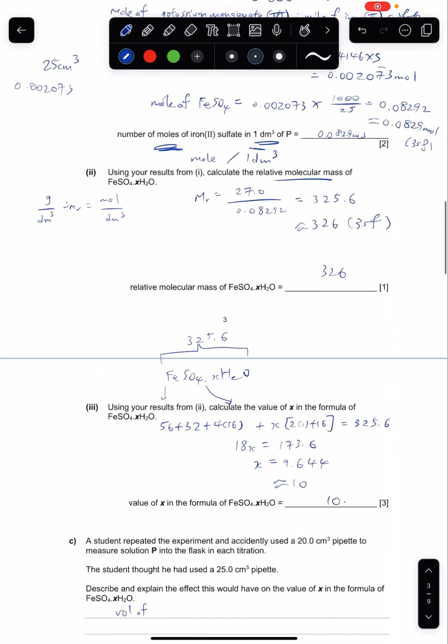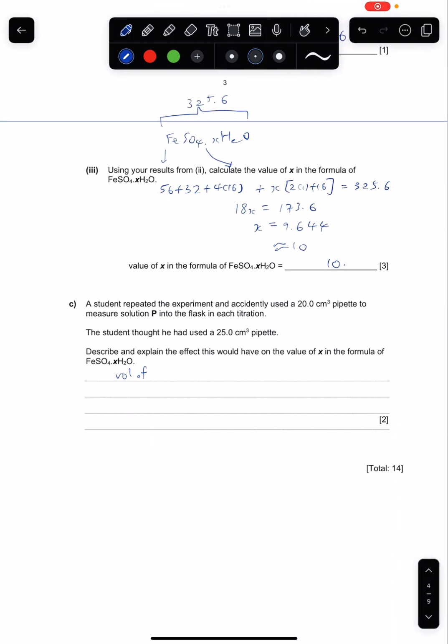There, the volume of your FeSO4.xH2O is actually lower, because it's not 25 cm cube, it's 20 cm cube. So if you have less FeSO4, the effect is it will cause your x to be higher.